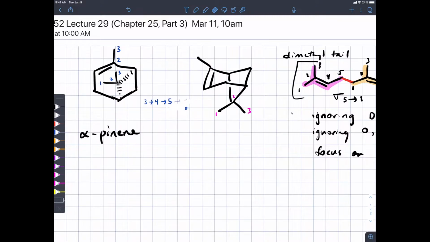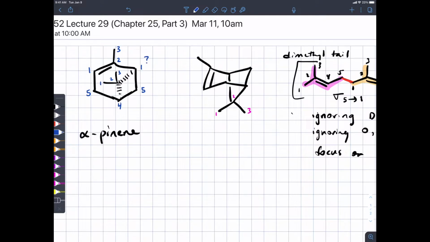So we can try the other direction. Let's call this carbon 4. Now let's see where we would put 5. Can we put 5 here? That would be a pattern that could work. Alternatively, some of you may ask, well, could I go here and then here? And that looks like that would work too.